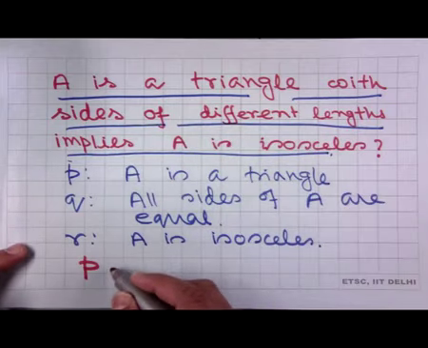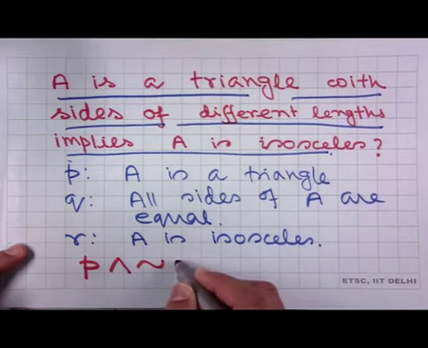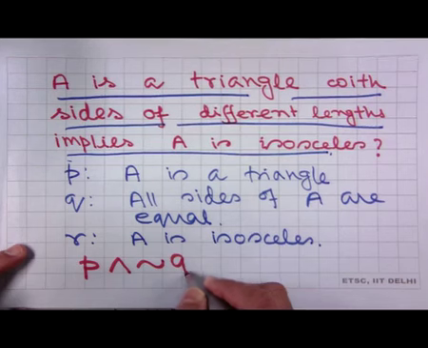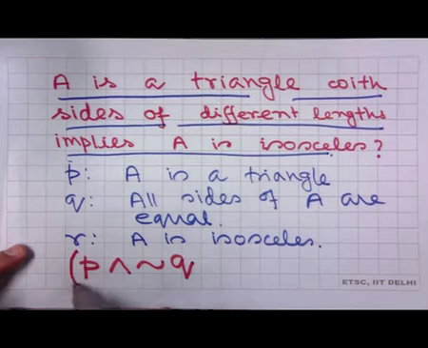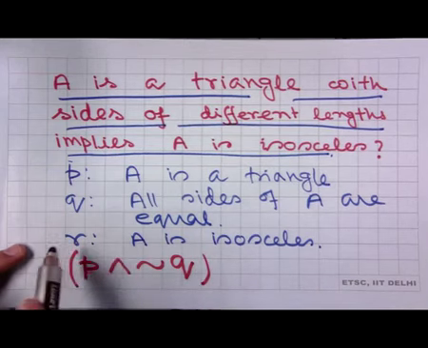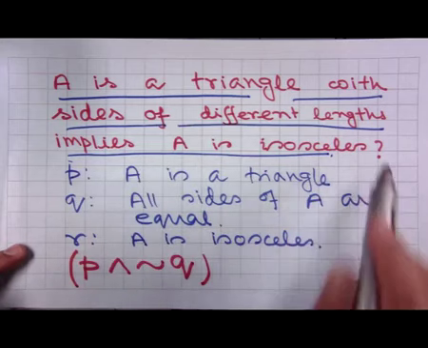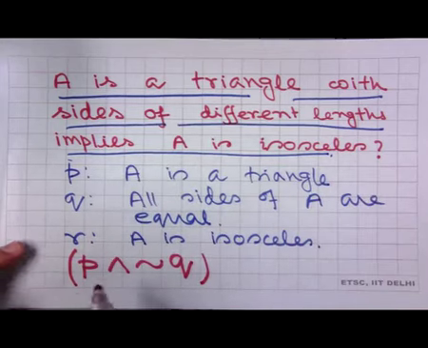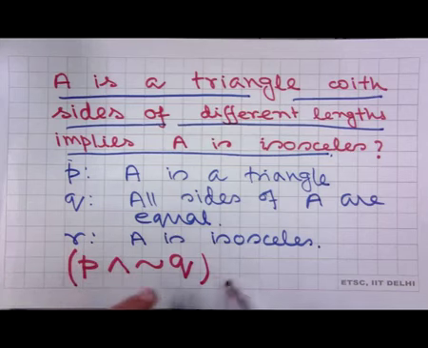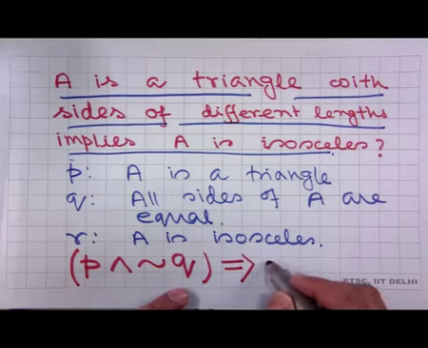That means Q is false, that is, we are looking at not Q, and this implies that A is isosceles, that is, if P and not Q, then R is true.